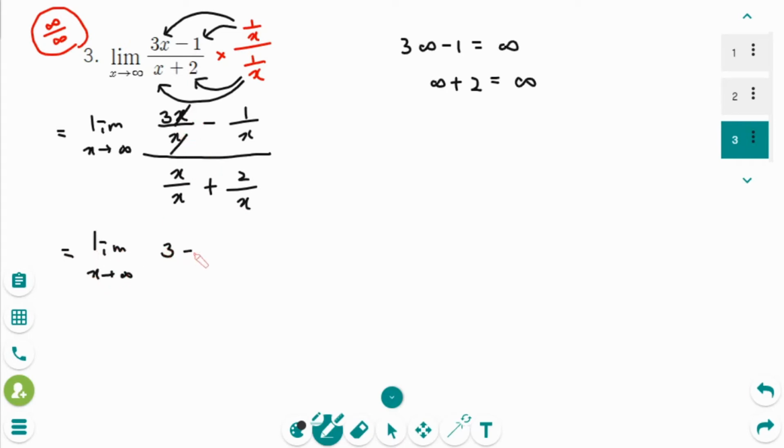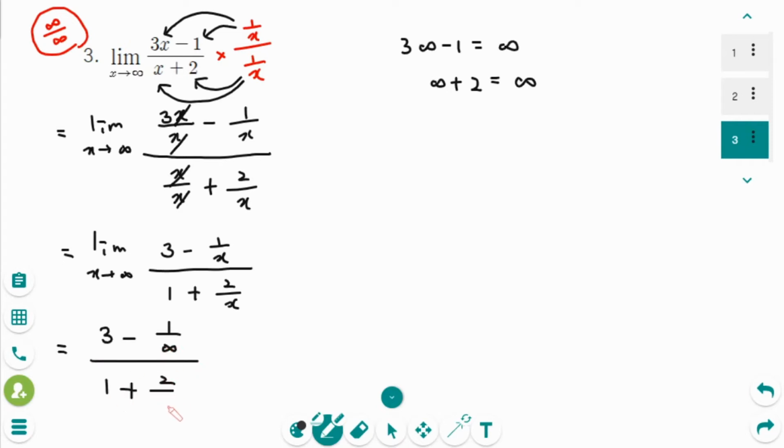This one is 3 minus 1 over x over 1 plus 2 over x. And put infinity into x. 3 minus 1 over infinity over 1 plus 2 over infinity.